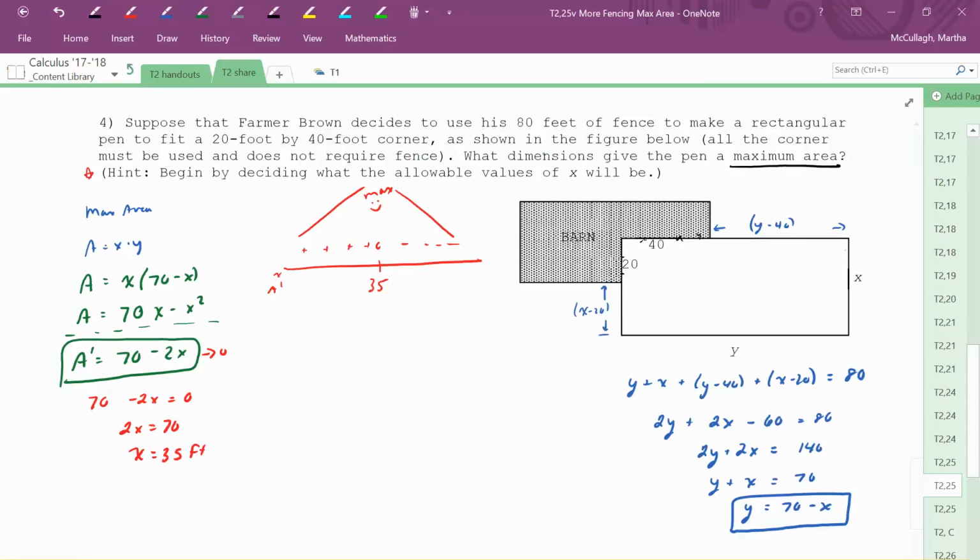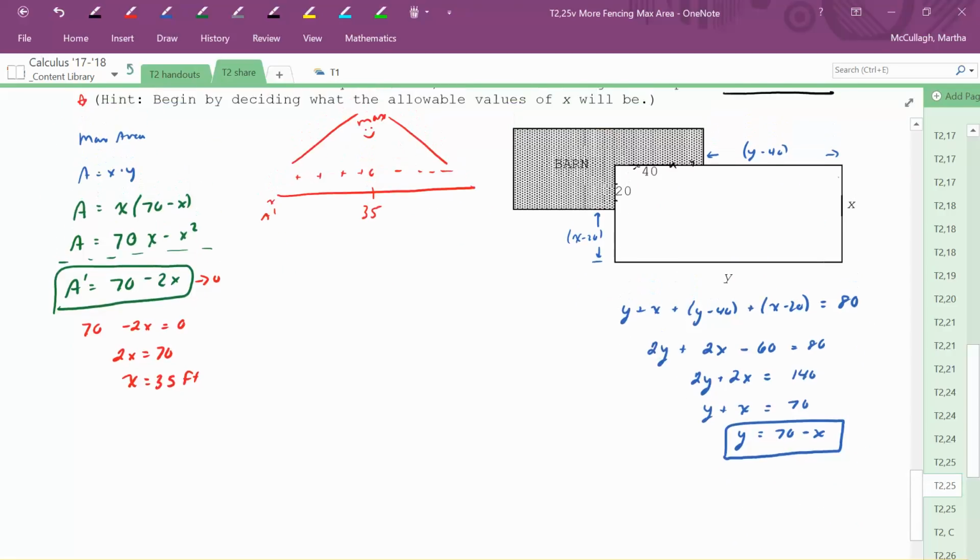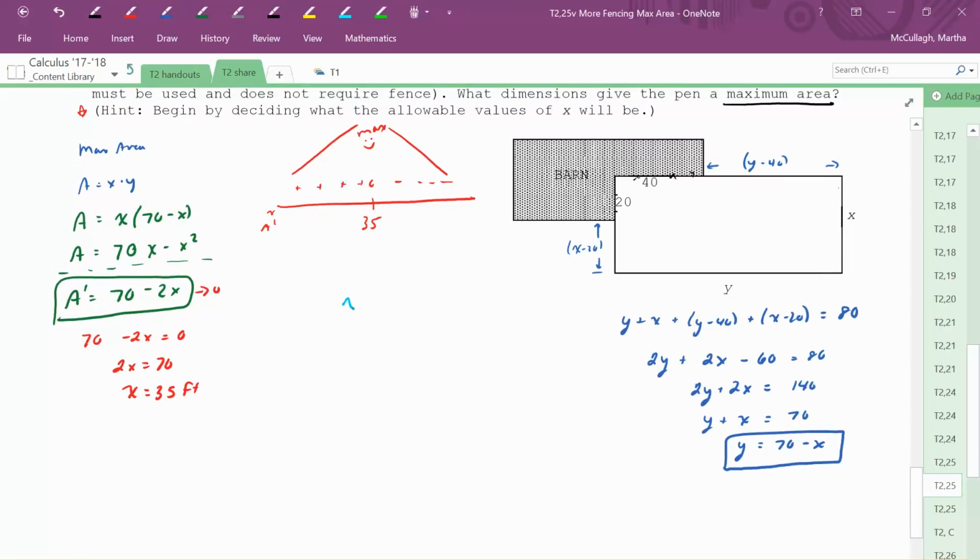We know that if we need to fill in this entire side of the barn, then this length x needs to be greater than or equal to 20. We also know that y is going to need to be greater than or equal to 40, because we need to fill in this entire side.